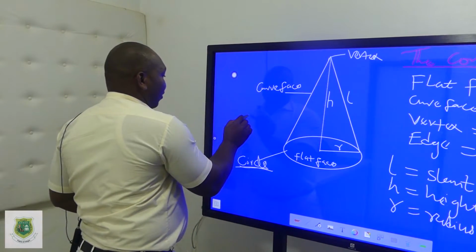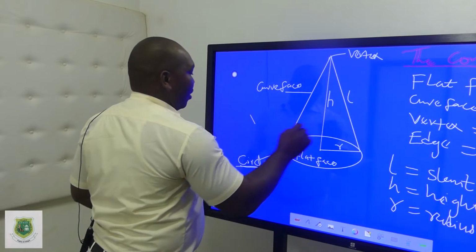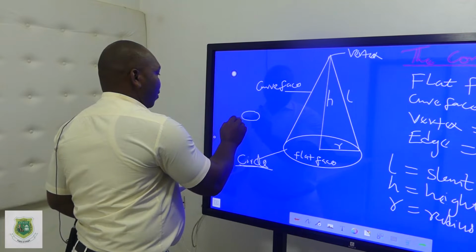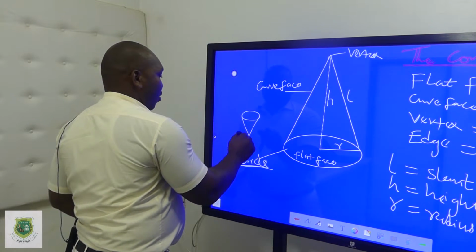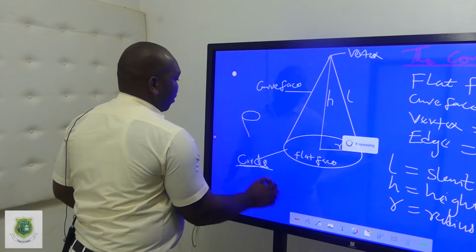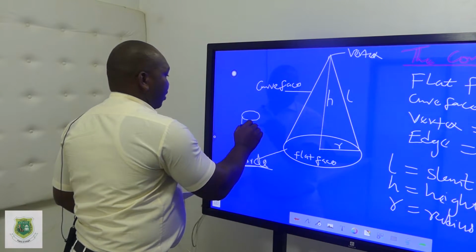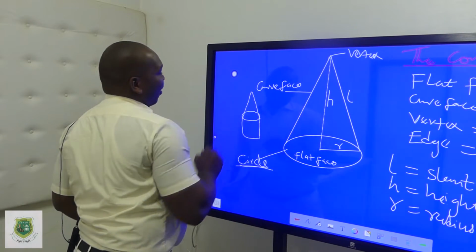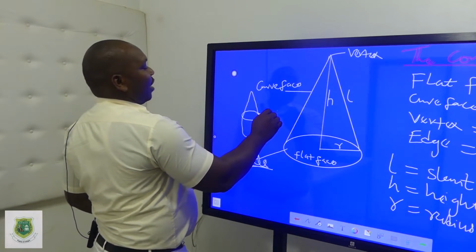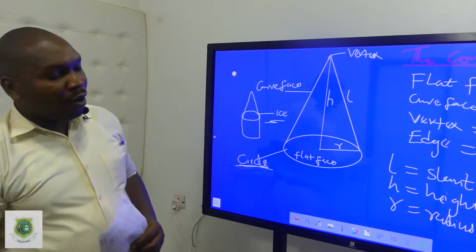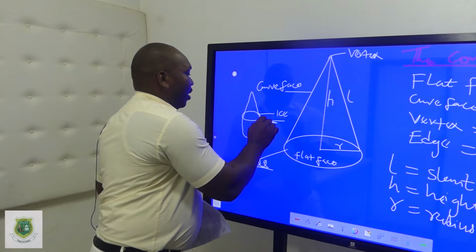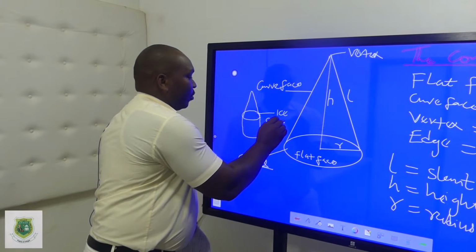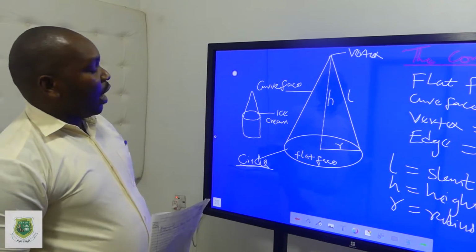If this is your cup, the cup they use to put the ice cream, then after putting it, the ice cream will have a shape like this. That is the ice cream. This is a typical example of a cone.